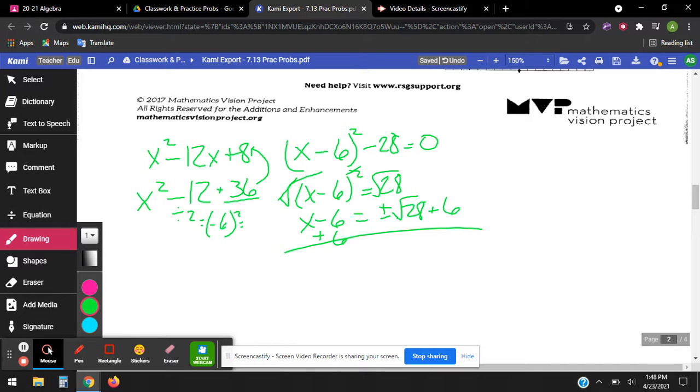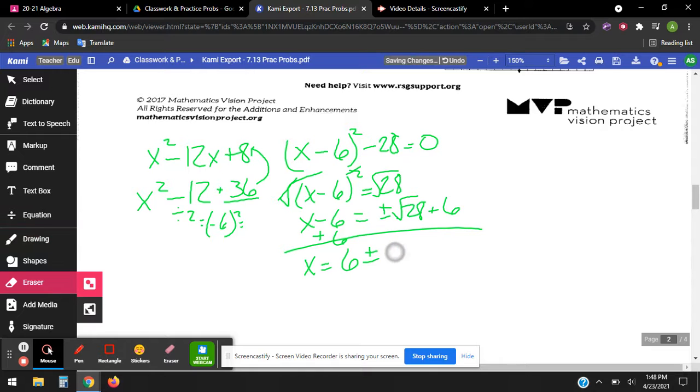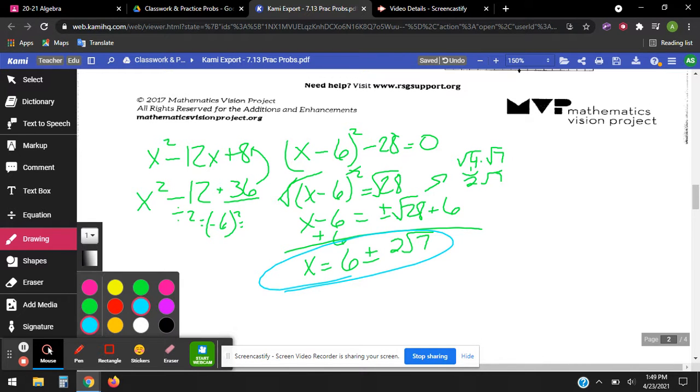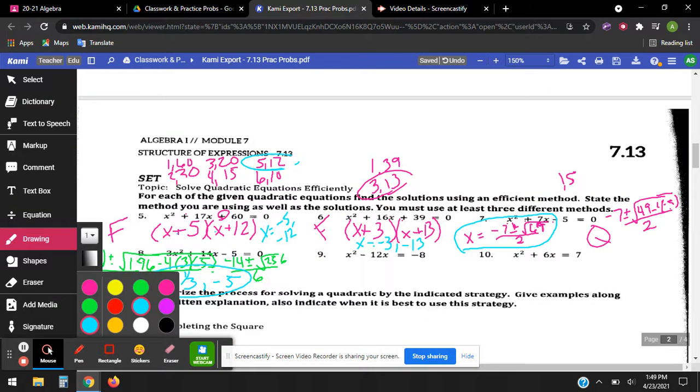I can split up into square root of 4, which is 2, and square root of 7, right? Because this is the same thing as square root of 4 times square root of 7. All right, so this is my answer. So up here, x equals 6 plus or minus 2 square root of 7. Good thing we did vertex form on that.